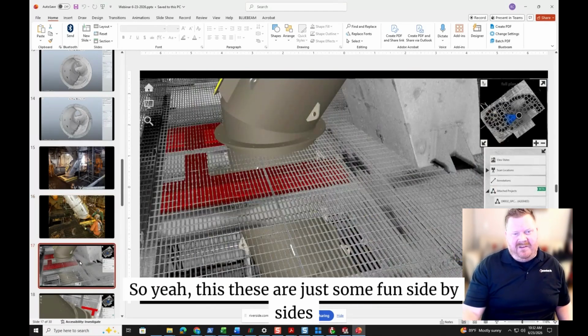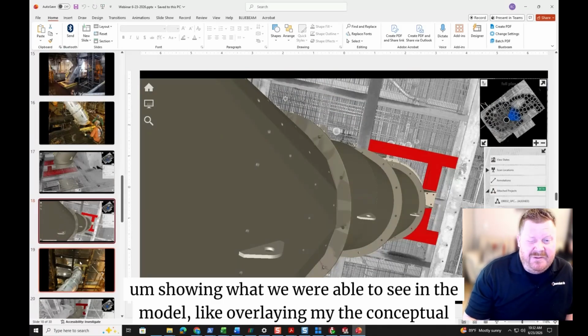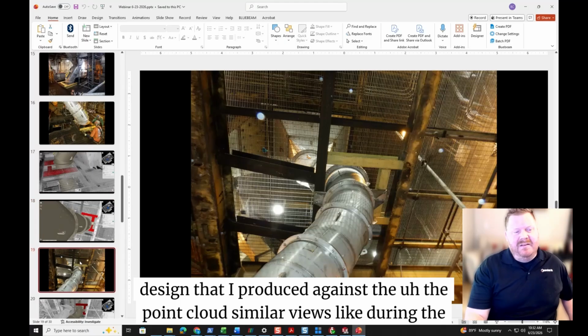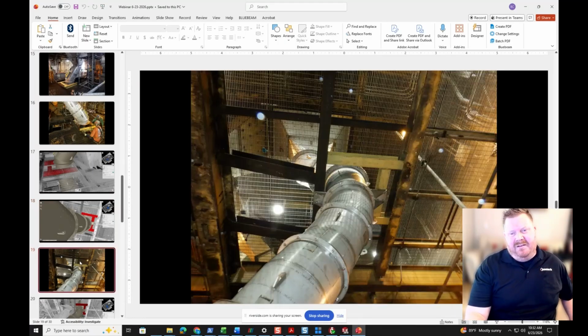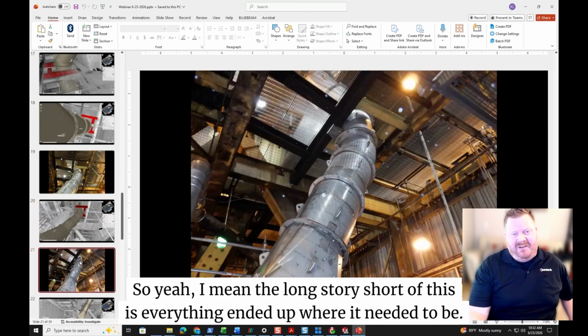So yeah, these are just some fun side-by-sides showing what we were able to see in the model, like overlaying the conceptual design that I produced against the point cloud, similar views like during the installation. So yeah, the long story short of this is everything ended up where it needed to be.